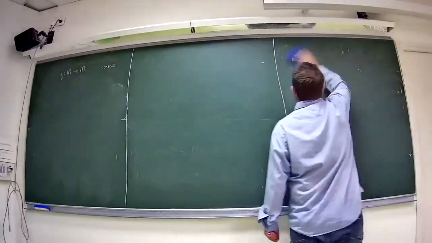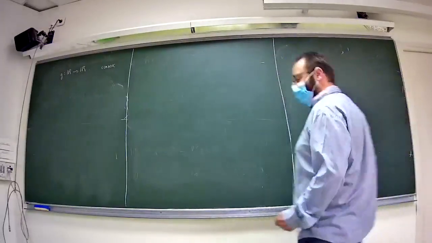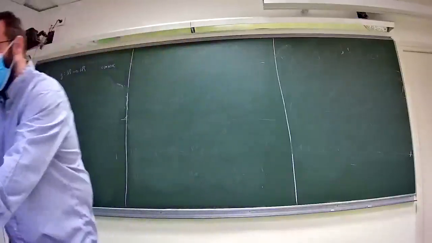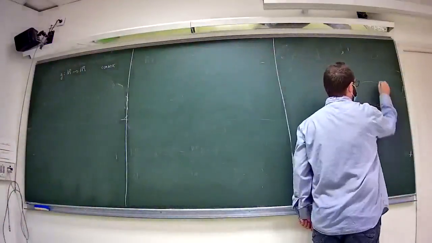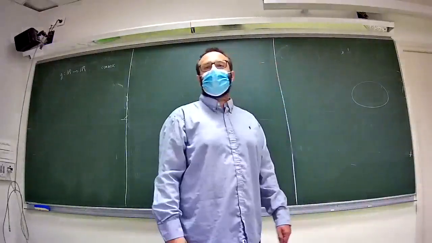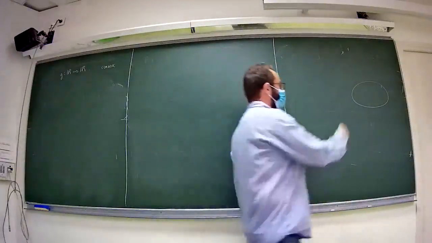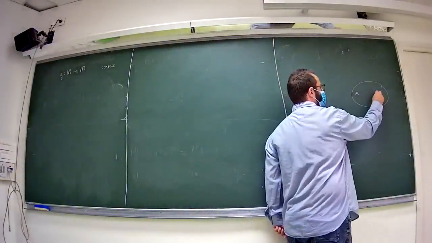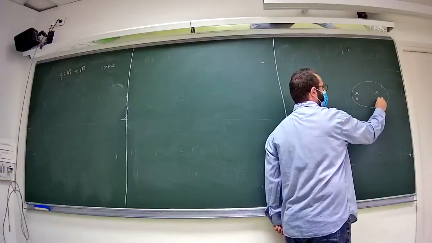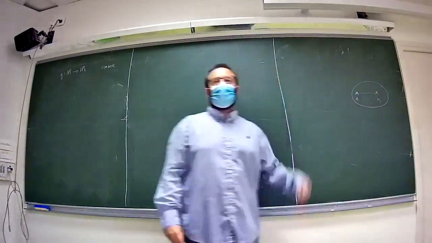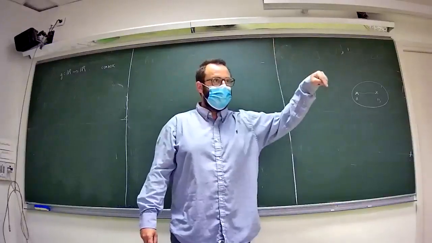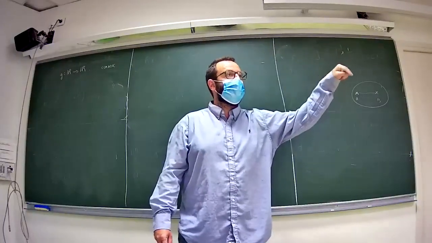So just to illustrate what we have said here, typically a convex set is this one. What is the meaning of being convex? You take 2 points here, A and B. All the points between A and B are in my set. This is the definition of being convex for a set.